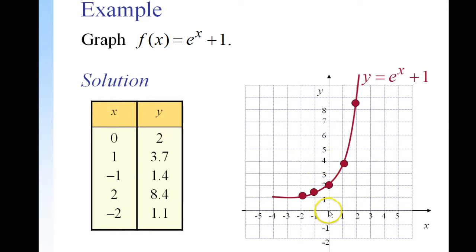So where before our x asymptote was the x-axis, or 0, by shifting it up 1, we now move our x asymptote up 1, shifting everything up 1. Okay.